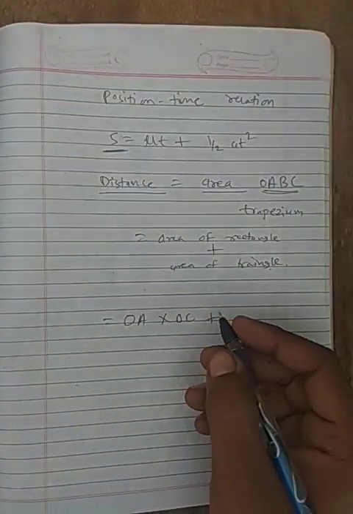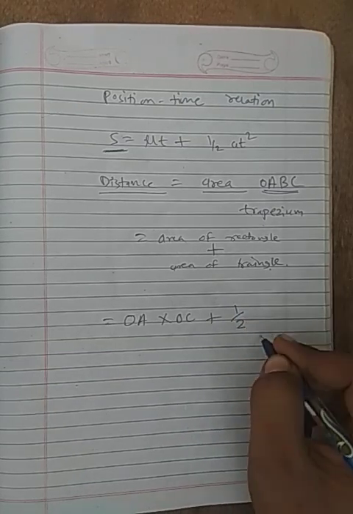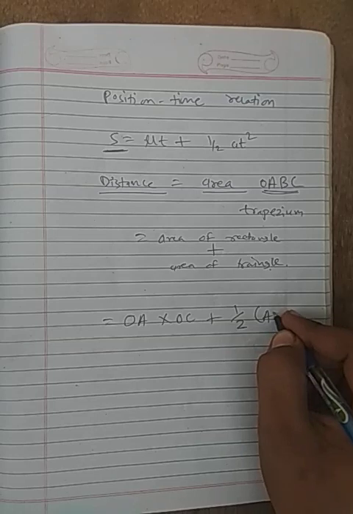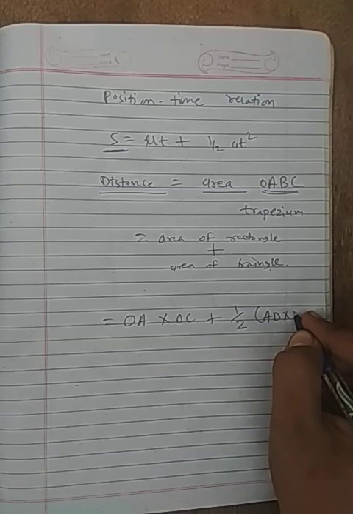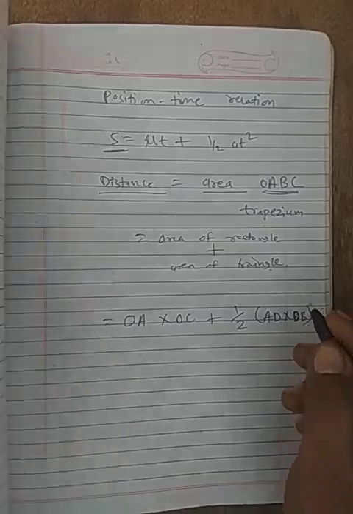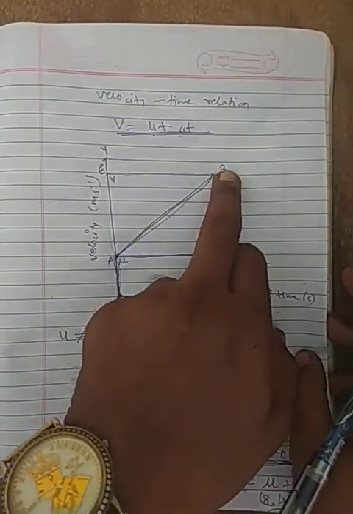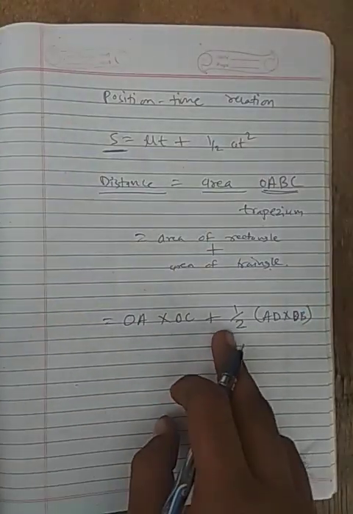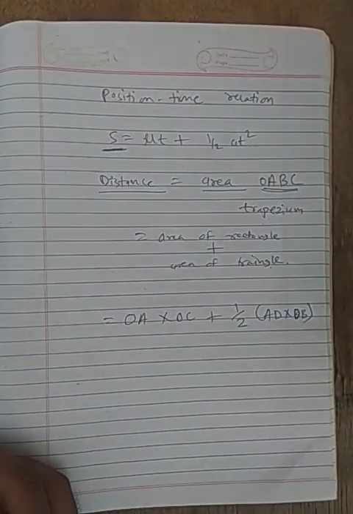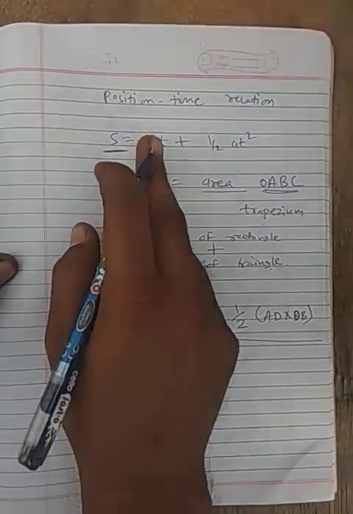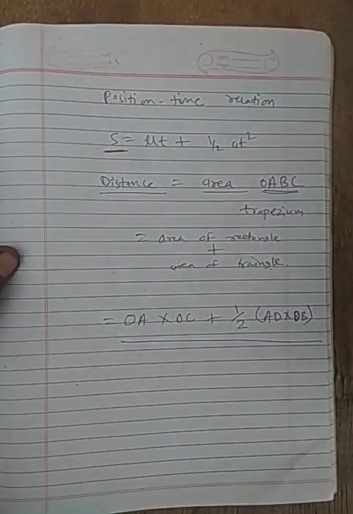The formula to calculate the area of a triangle is half into the multiplication of two sides, that is AD and DB. You have to multiply these two sides with half to get the area of the triangle. So this is what we get from the given graph.